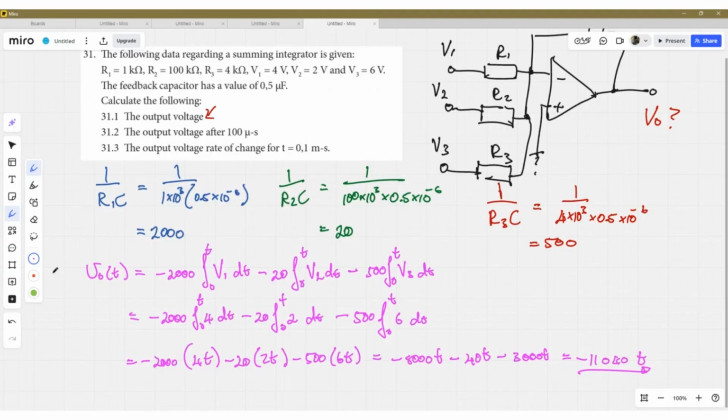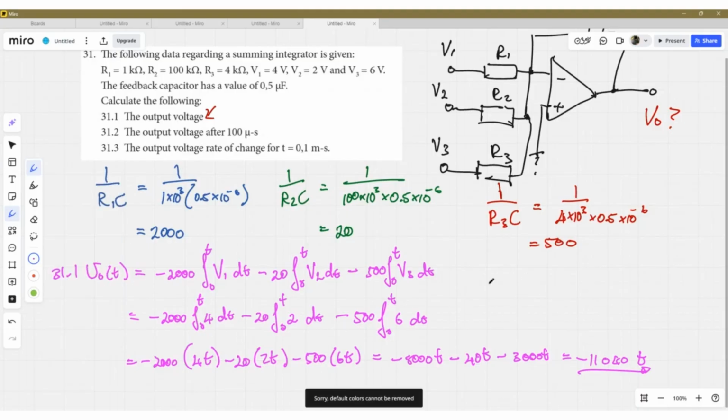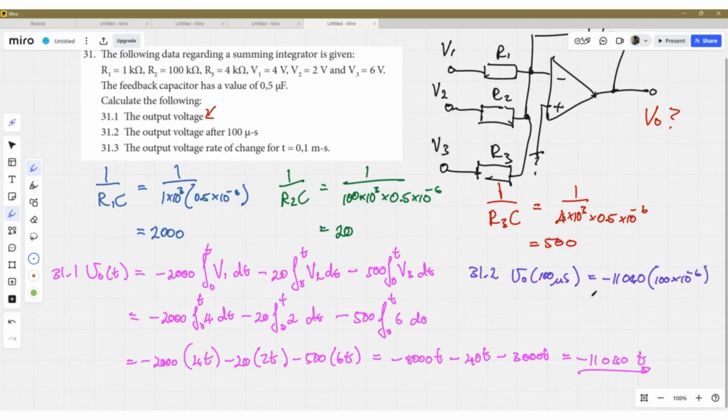So that is your 31.1 answer. And then they want the output voltage after 100 microseconds. So that's quite easy. That's just going to be minus 11,040 multiplied by 100 times 10 to the minus 6.